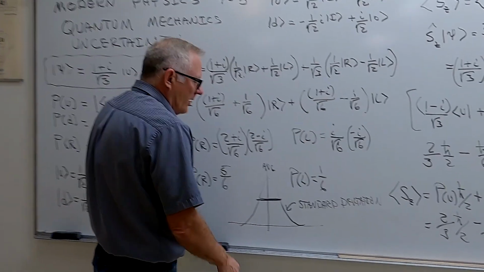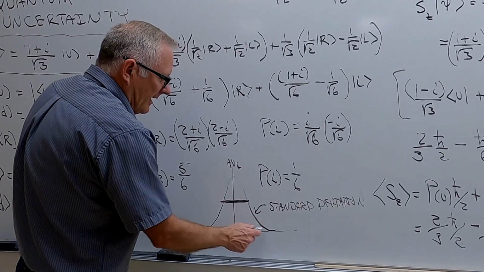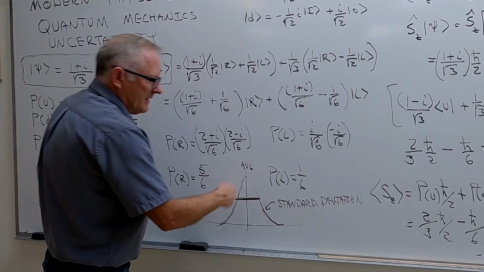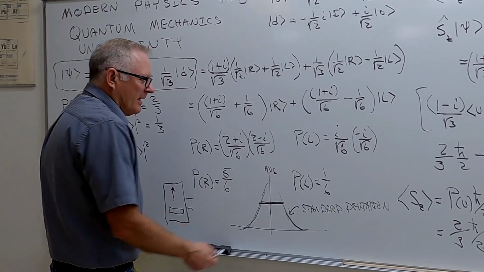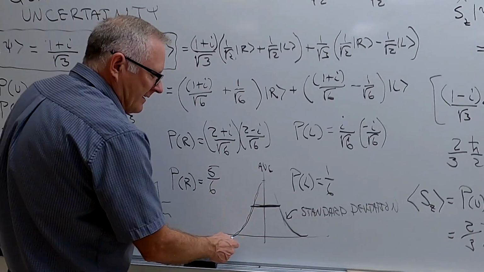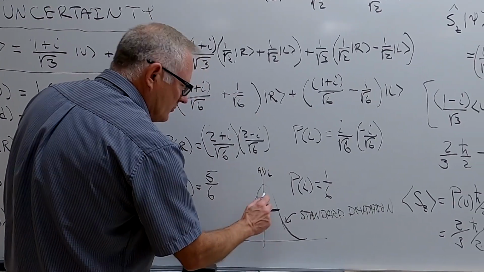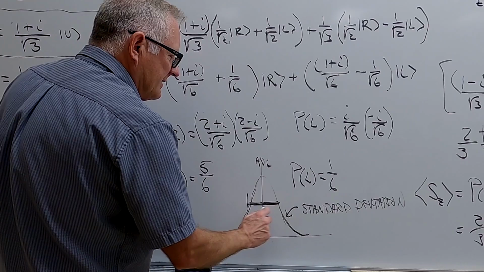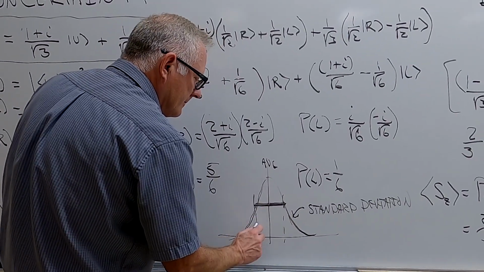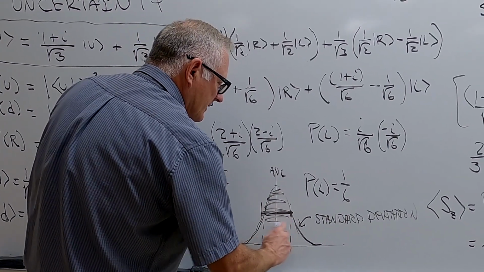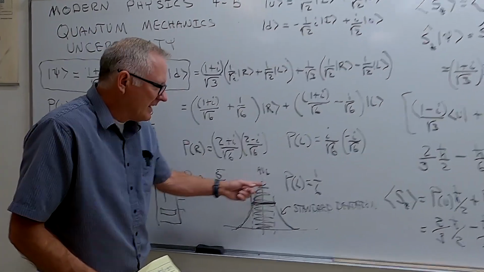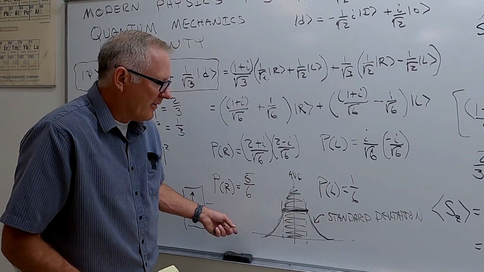Normally the way we define it is, if this is like this, and it doesn't have to be this shape, but if the area of this is 1, then if you go over plus or minus 1 standard deviation, this area corresponds to 68% of the entire area.